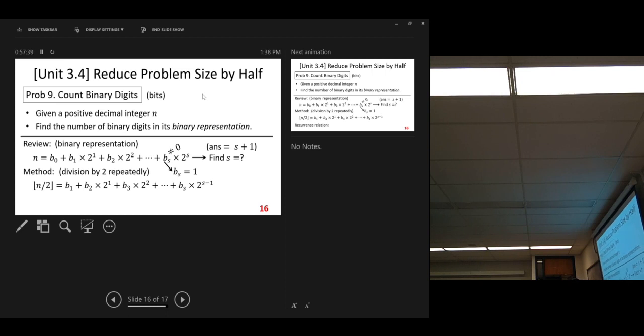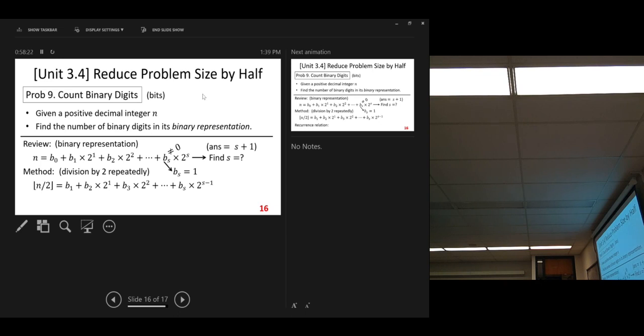But the b0 term, when we take the floor function, is gone. Another division by 2 and floor, b1 is gone. Another division, b2 is gone. Gone, gone, gone. At the end, bs is left. Let's just count how many divisions we do. Count that number, and we get s. So we get the solution. That's the method.